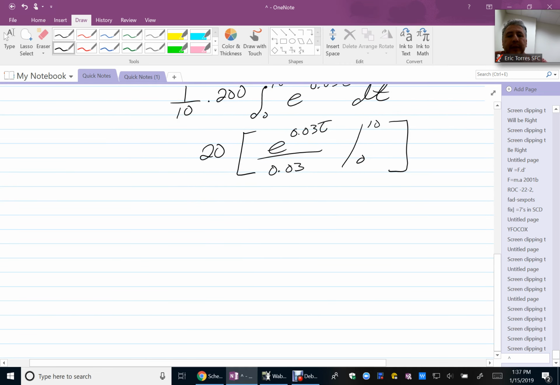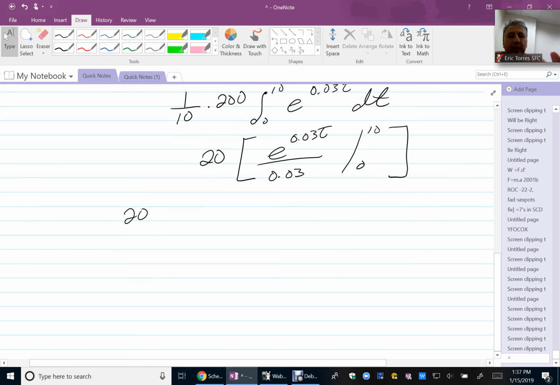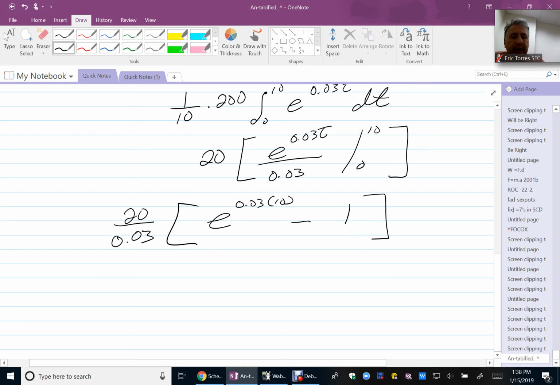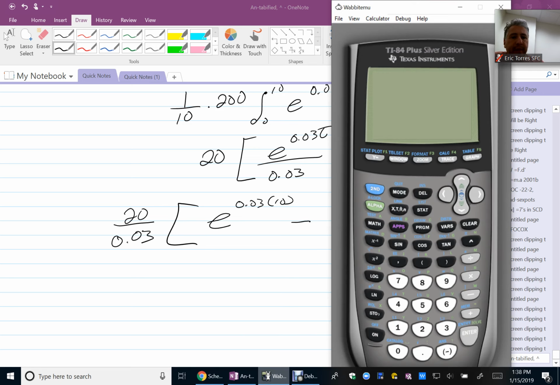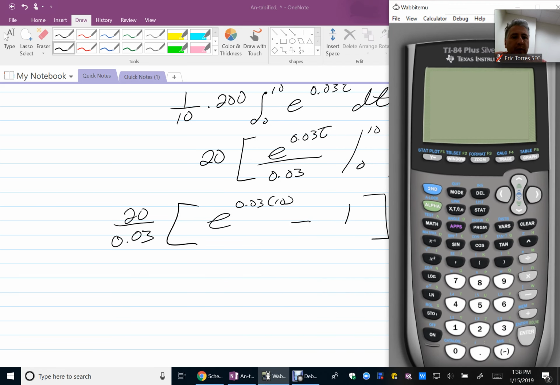So let's see, we've got 20. Actually, I can take now this 0.03 out, and just plug in e to the 0.03 times 10, minus, plug in 0, that is 1, and throw it in my calculator. Any calculator will work. So what do we have here? Come on, calculator, turn on.